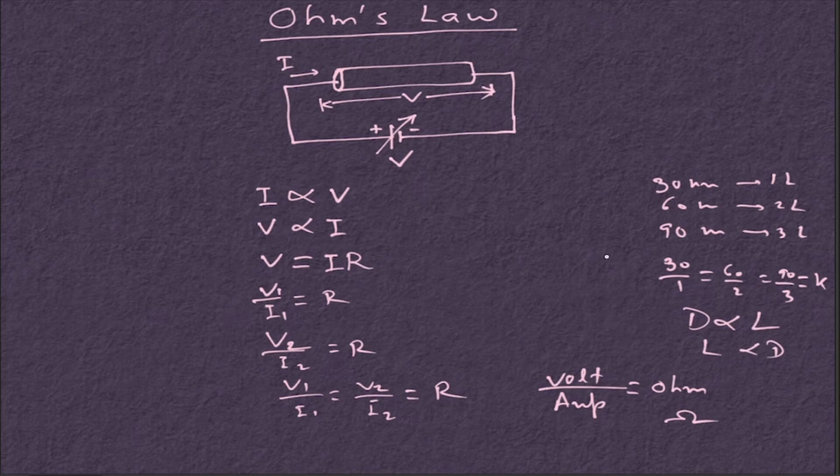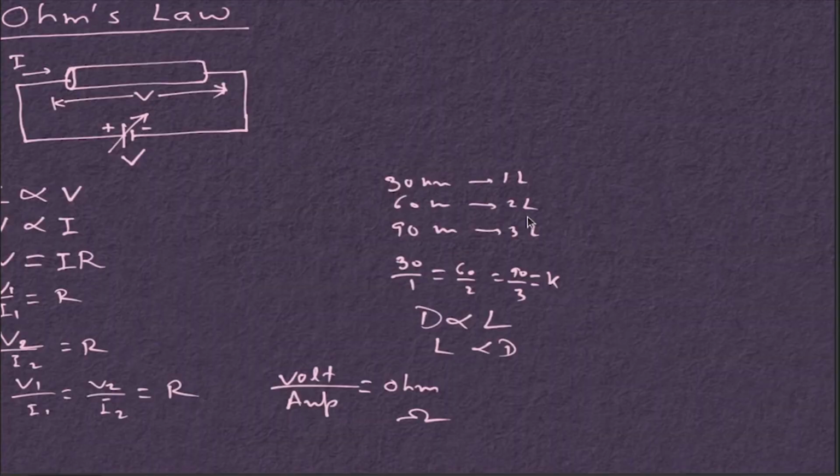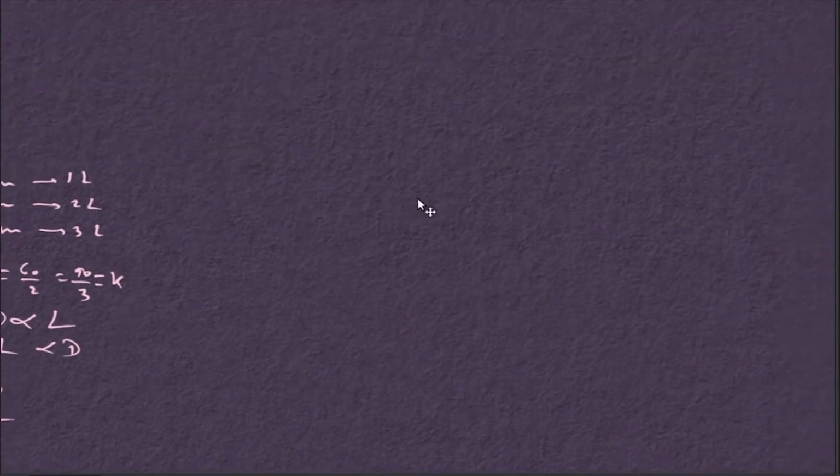Now we can draw this voltage and current in a graph. Let us draw it here. In the horizontal axis we will take voltage, and in the vertical axis we will take current. Suppose we take one voltage V1, and the corresponding current through the conductor is I1.